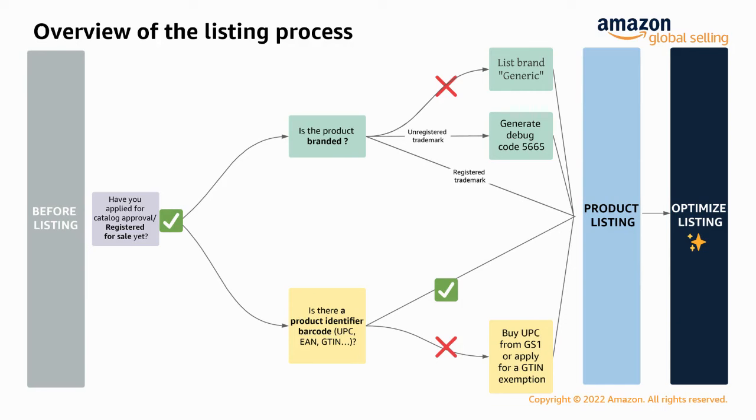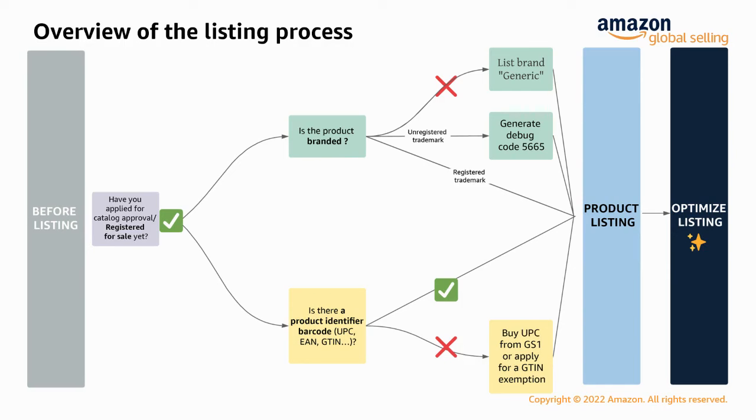So the next one is whether your product is one that is not already on Amazon. The first one is vendor. For example, if you want to sell your own private label, you have your own brand, then you need to think about whether your product needs a different code, like the GTIN, Global Trade Item Number, whether you need a UPC, EAN, barcode, etc. If you need a barcode, you need to buy it from GS1.